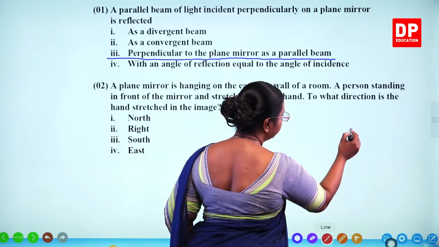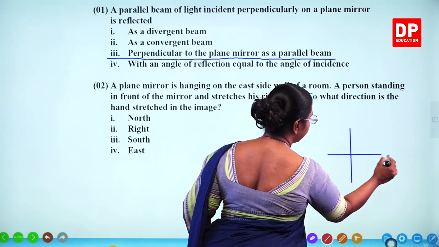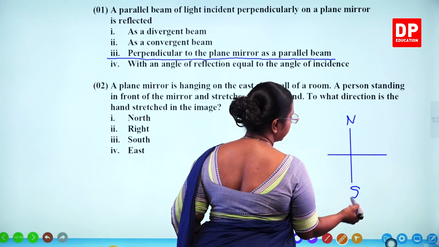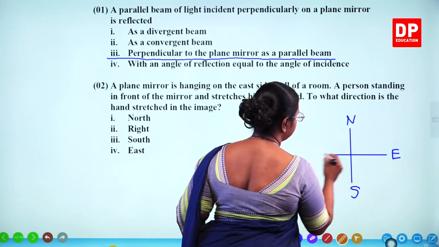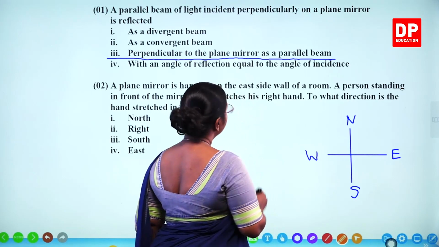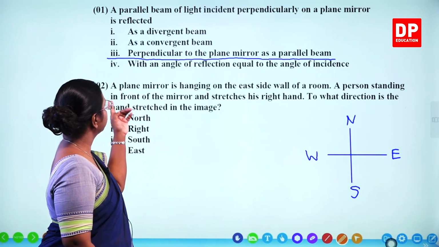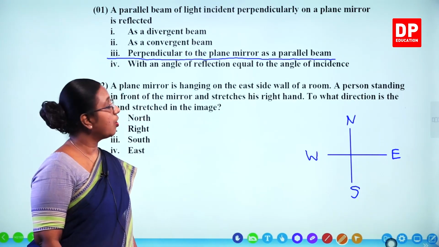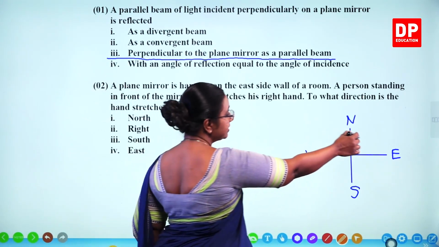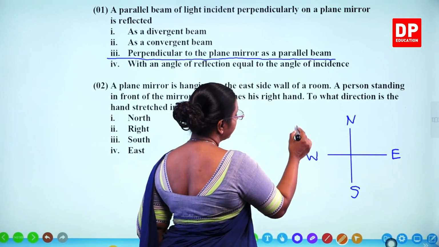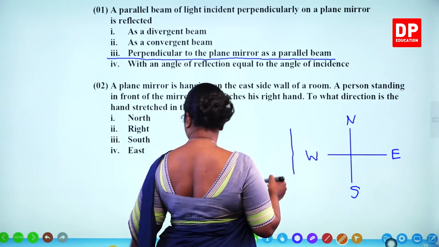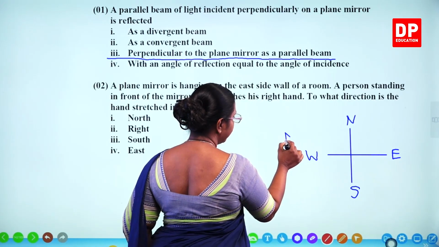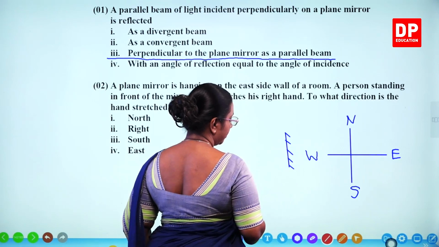So you all know, if we have lines like that, this is the north, south, east and west. So here, according to the question, a plane mirror is hanging on the east side wall of a room. So this is the east side. So if the mirror is hanging on the east wall, it's going to be like that.